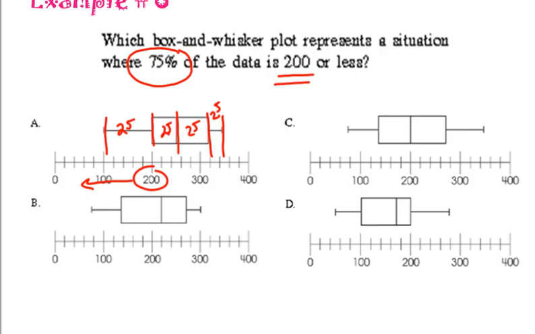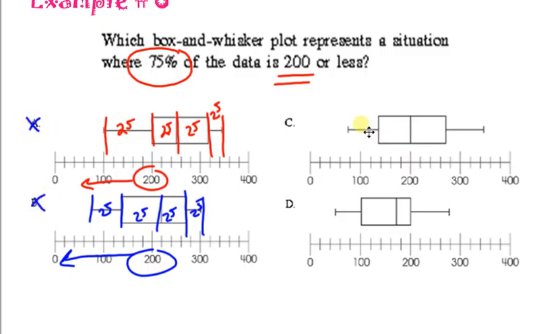Let's look at the next one. From here to here is 25%. This is 25%, 25%, and 25%. Now we need 75%. Here's 200. Well, 25 plus 25 is 50. That one's wrong also.